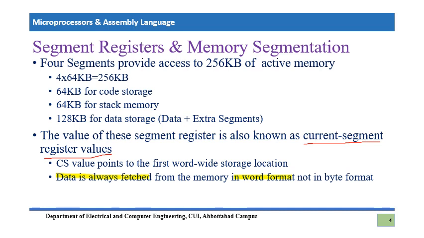Let me use a different color. So that is never in byte format, rather it is in word format. So every time CS is pointing to a certain value, it is pointing towards a word-wide storage location, not a byte location. That's it from this slide.